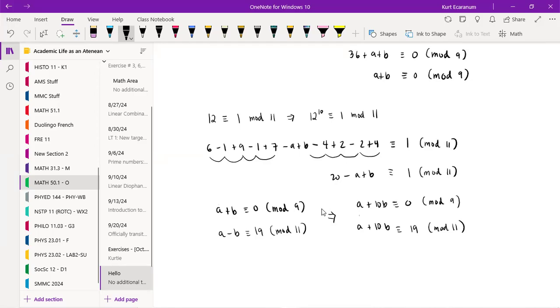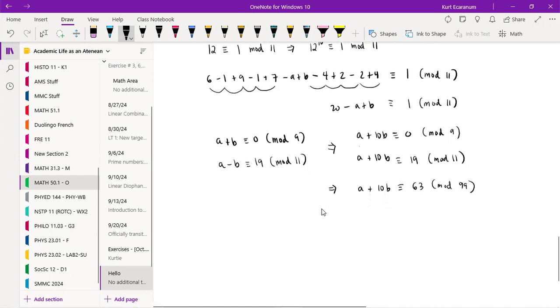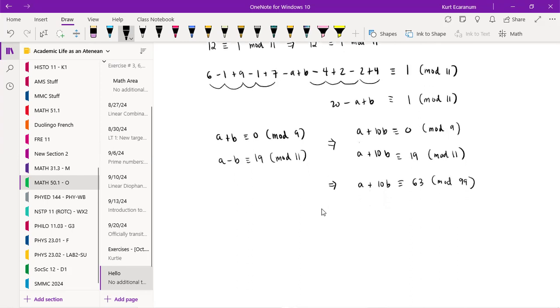Diba? So 44 meaning we have 63. So A plus 10b is congruent to 63 modulo 11. Modulo 99. And okay, parang magic yan. Ganito kasi yung nangyari.